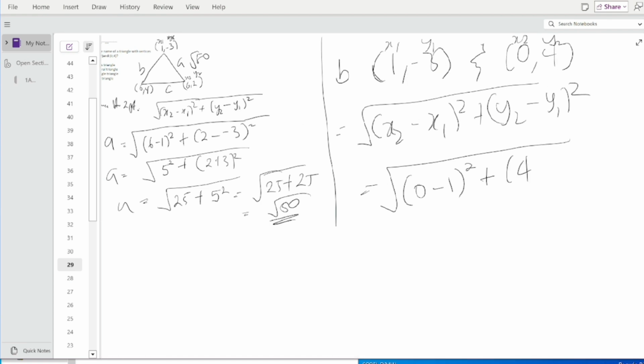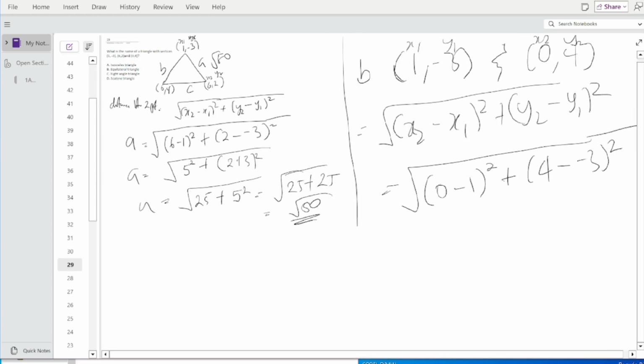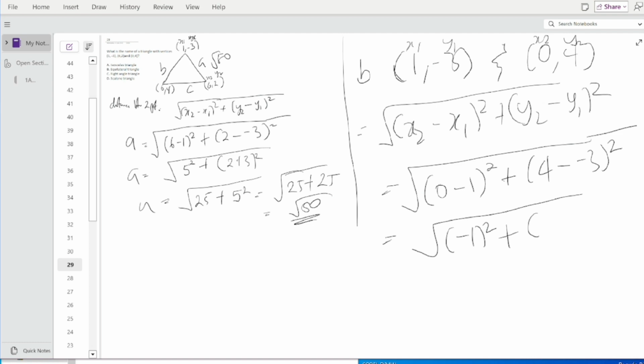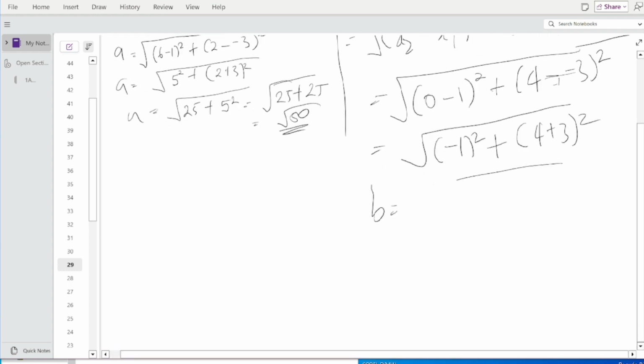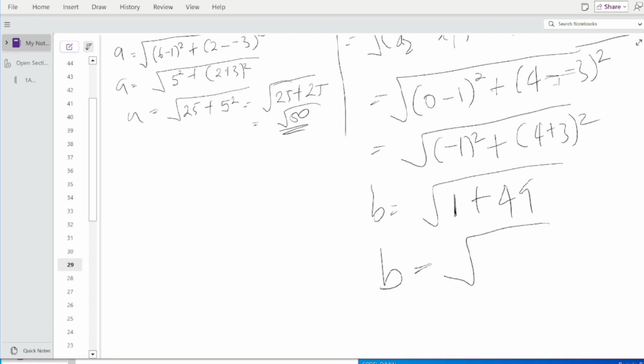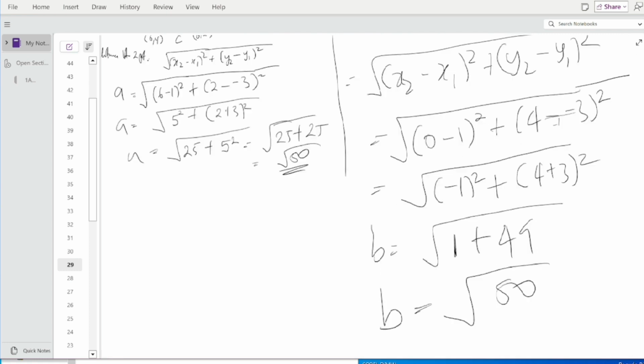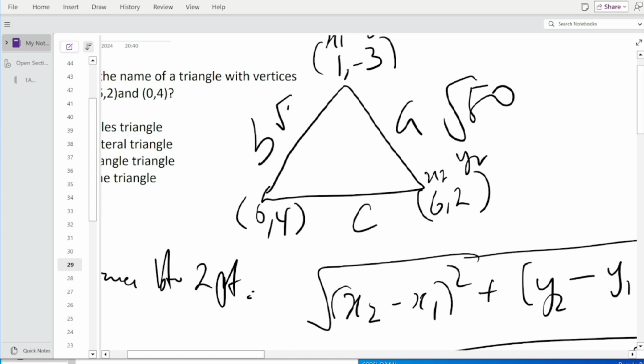We have to be careful. We have B equals 0 minus 1 is minus 1 squared plus 4 plus 3, that's 7 squared. Minus 1 squared is minus 1 times minus 1, which gives us plus 1. 7 squared is 49. B is the square root of 49 plus 1, 50. So our B is also the square root of 50.